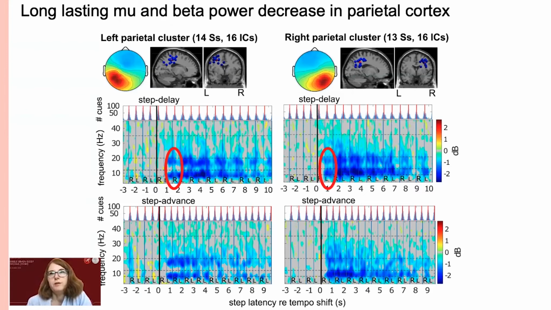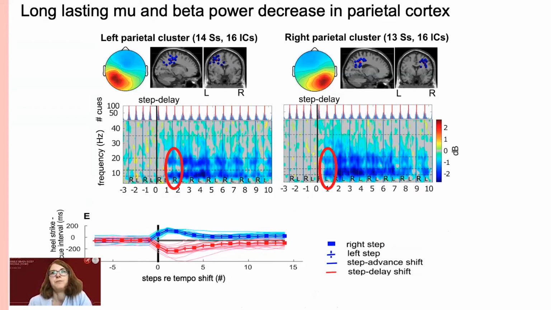So if we look at the time course of this desynchronization, it's more similar to the time course of the step cue adaptation. And this might mean that, so many studies have shown that the parietal cortex is involved in visual motor integration.